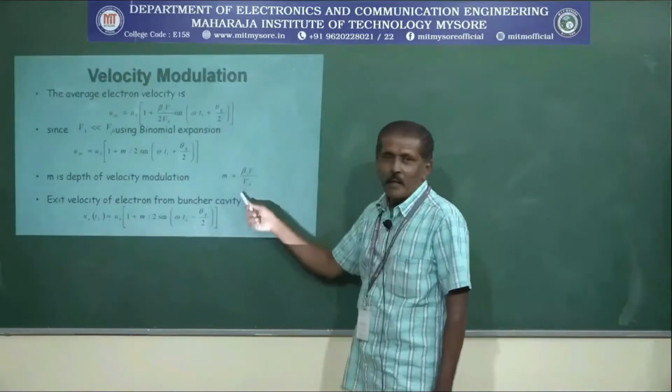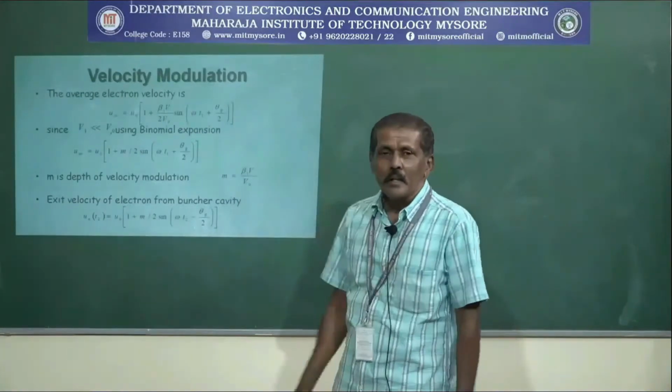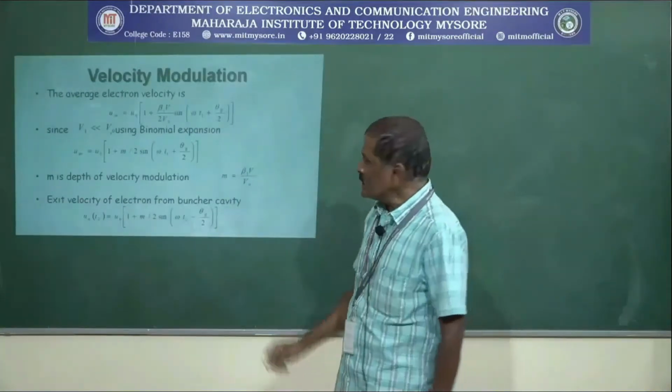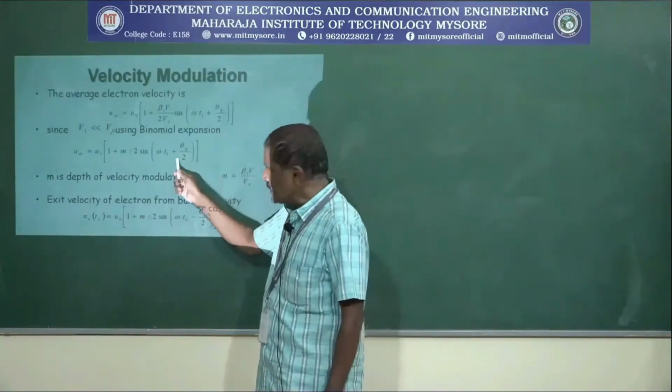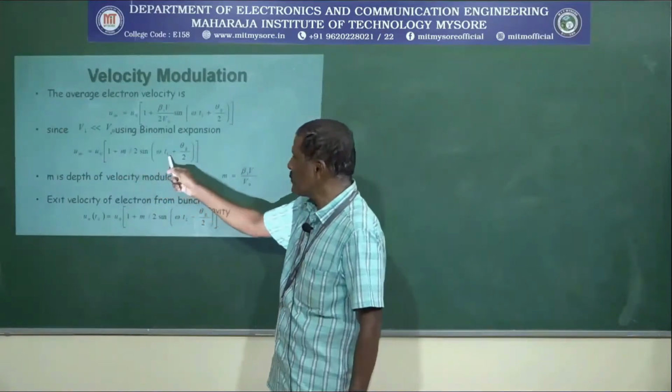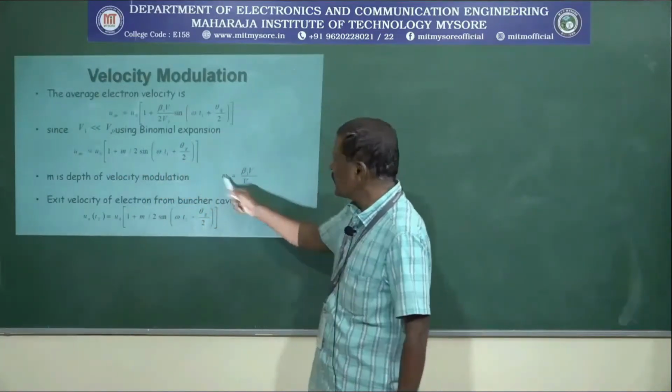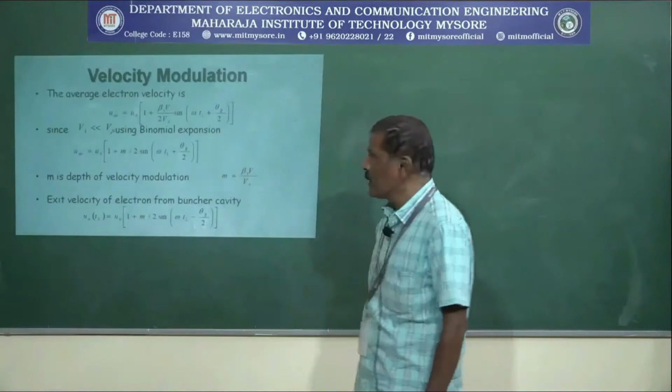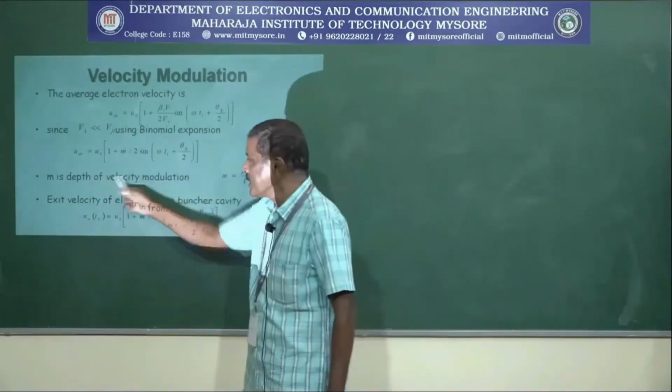To solve problems for the two cavity klystron, you have to remember this equation: u_av equal to u0 into 1 plus m by 2 sine of omega t1 plus theta g by 2, where m equal to beta 1 into v divided by v0 is called the depth of modulation.